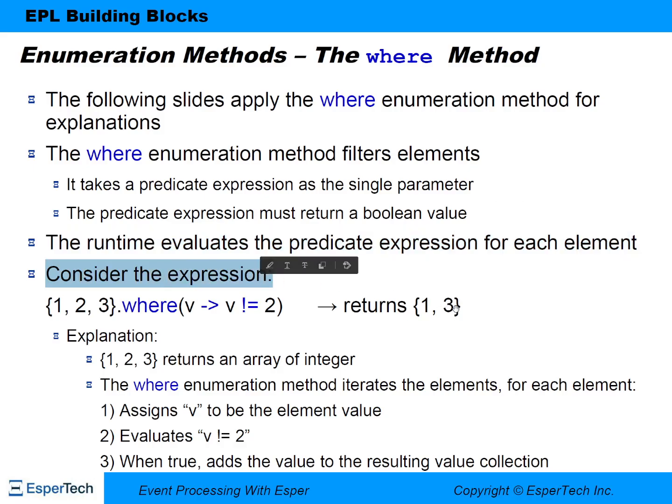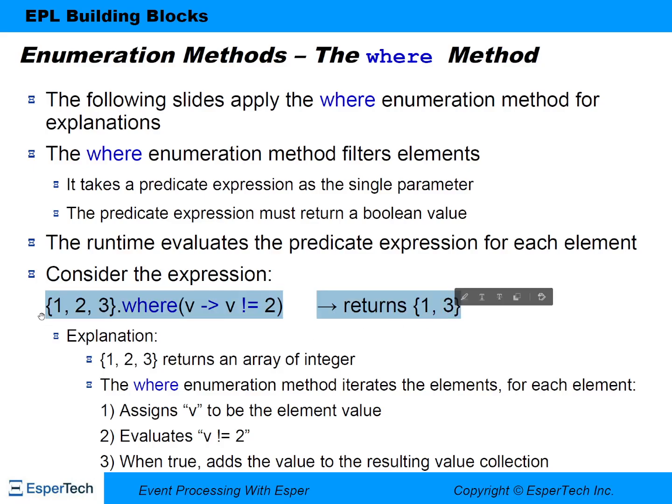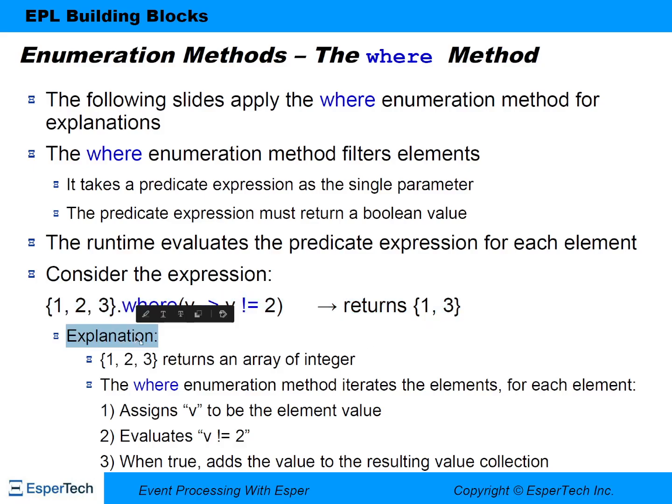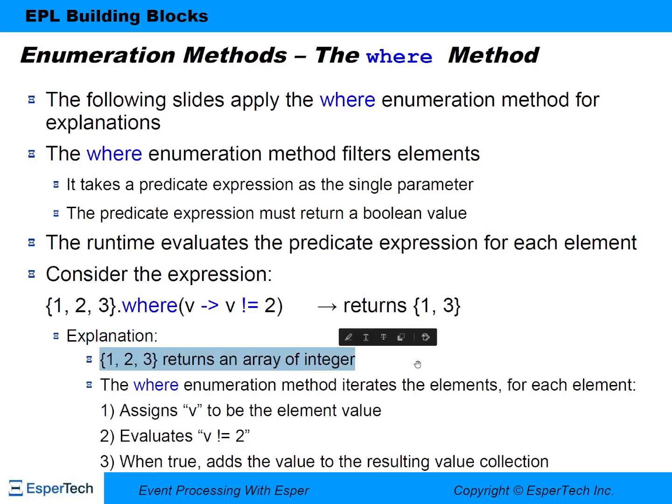Consider the expression {1, 2, 3}.where(v => v != 2). This expression returns the values 1 and 3. The explanation is the {1, 2, 3} returns an array of integer.